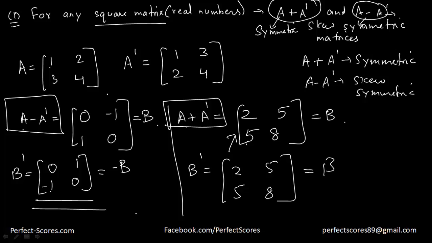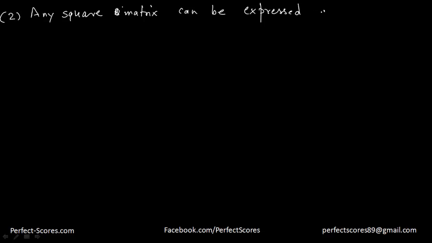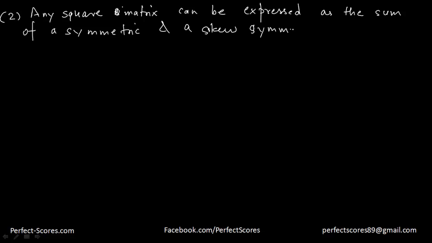Let's go ahead and understand the second theorem, guys. I suppose you're understanding this. So the second theorem states that any square matrix can be expressed as the sum of a symmetric matrix and a skew symmetric matrix, right?